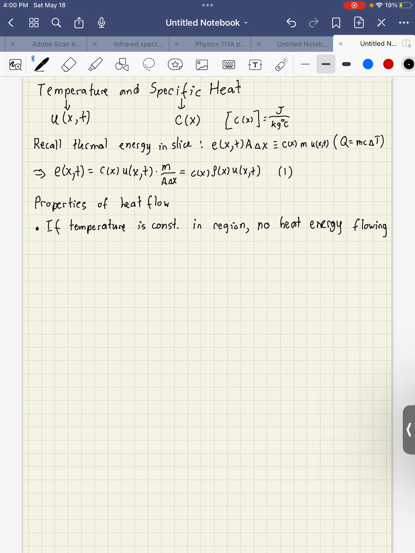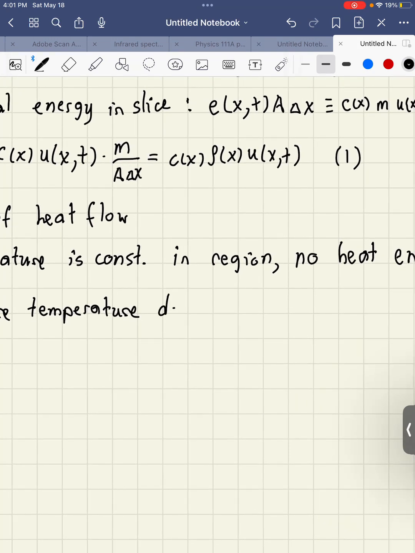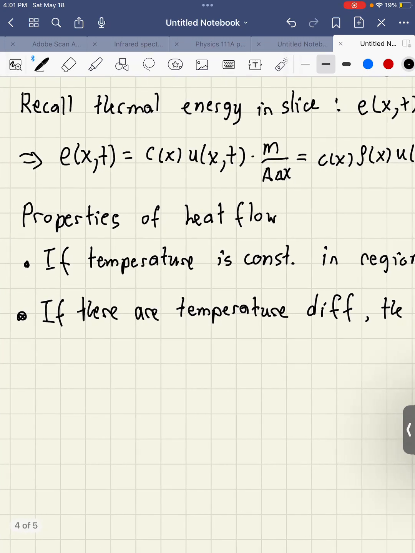But if there are temperature differences, then the heat energy flows from the hotter region to the colder region.